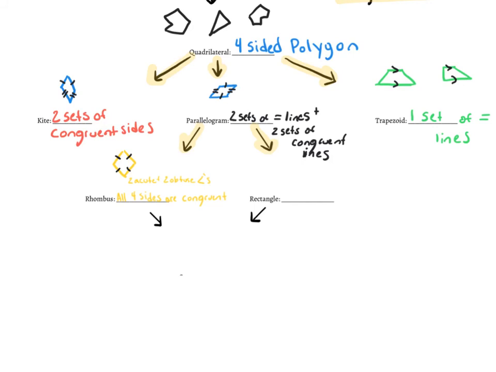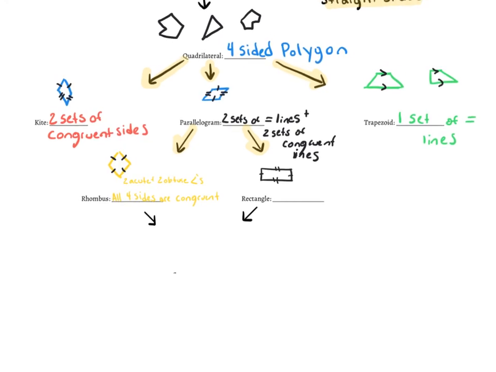Our rectangle has, remember, 2 sets of congruent sides, and all 4 angles are right angles. So 2 sets of congruent sides and 4 right angles.